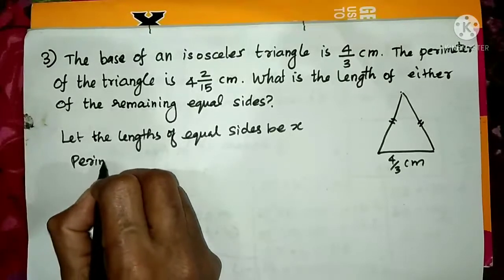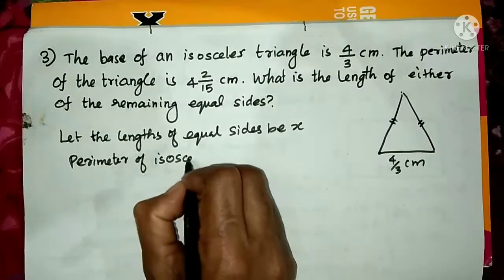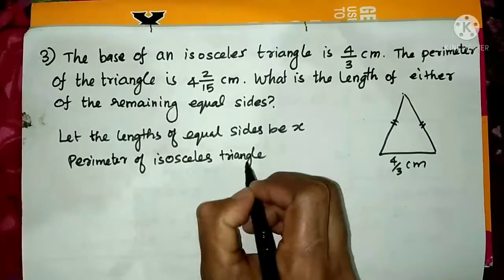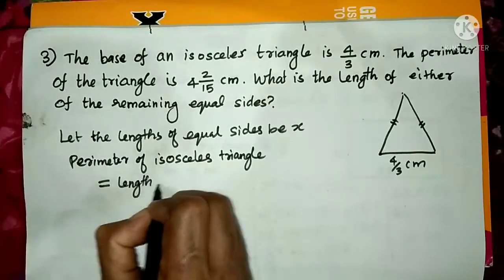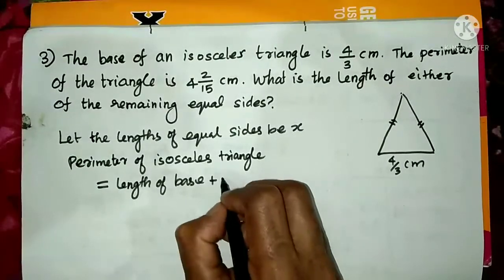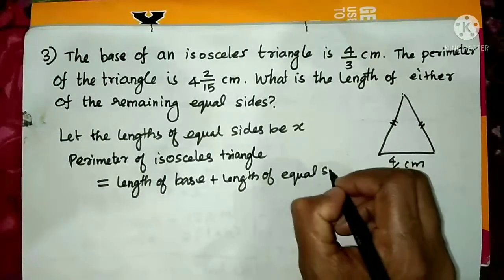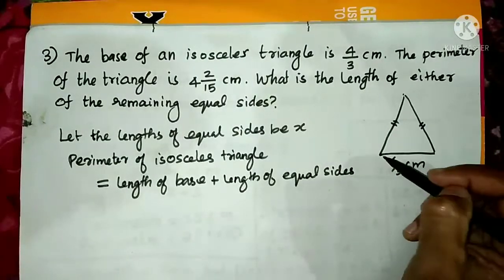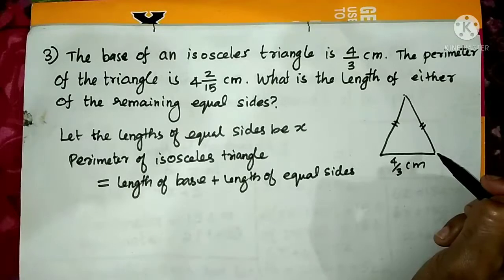Perimeter of isosceles triangle, we can say, is equal to length of base plus length of equal sides. So what is meant by perimeter? Length around the shape. So the length around the shape. So base plus the length of two equal sides.